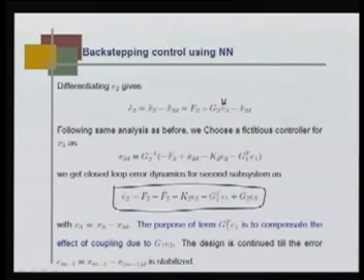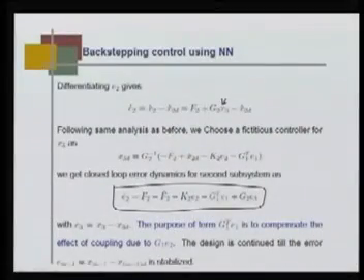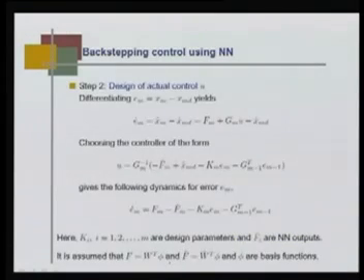This process of finding the closed loop error dynamics for each subsystem, each scalar differential equation, is continued. The design is continued till e(m-1) equal to x(m-1) minus x(m-1) desired is stabilized. So, we found the error dynamics.